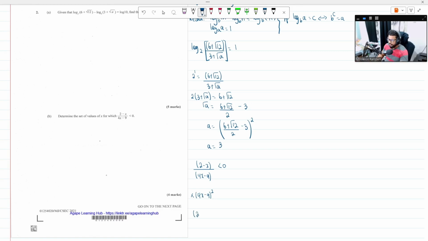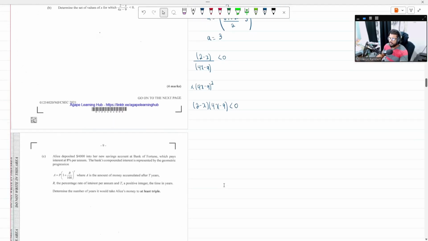And I will end up with 2 minus x into 4x minus 9 is less than 0. I will let 2 minus x into 4x minus 9 be equal to 0 and solve.